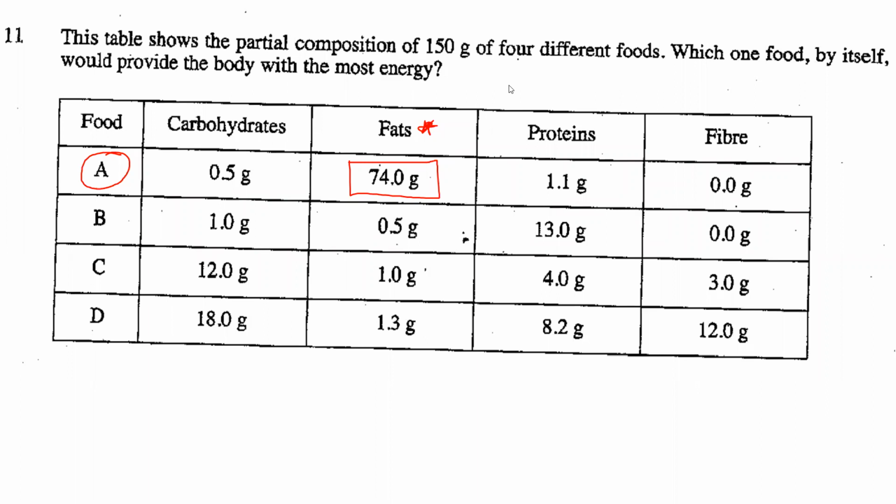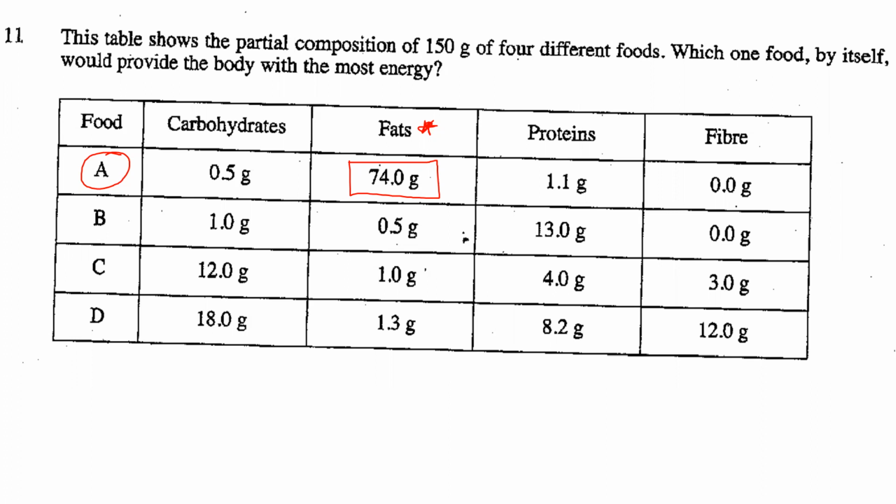The table shows a partial composition of 150 grams of 4 different foods. Which one food by itself would provide the body with the most energy? A, 0.5 grams of carbohydrates, 74.0 grams of fat, 1.1 grams of protein, 5.0 grams of fiber.